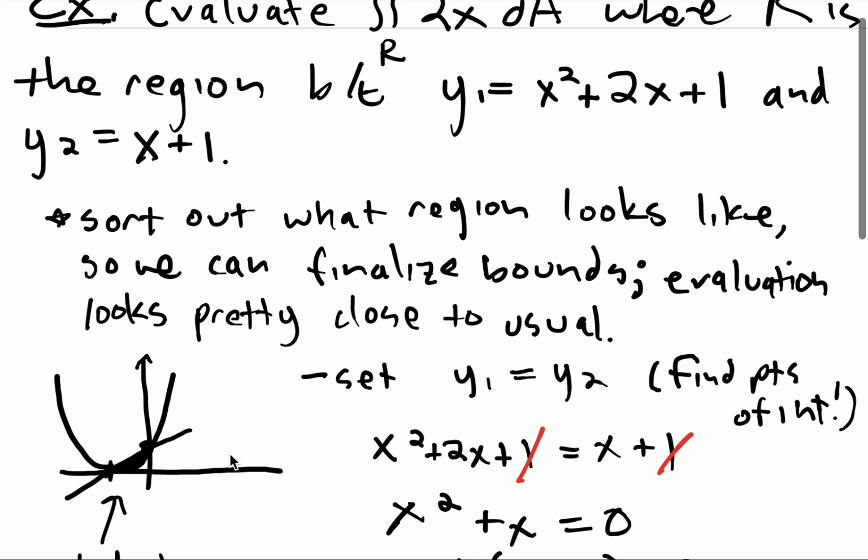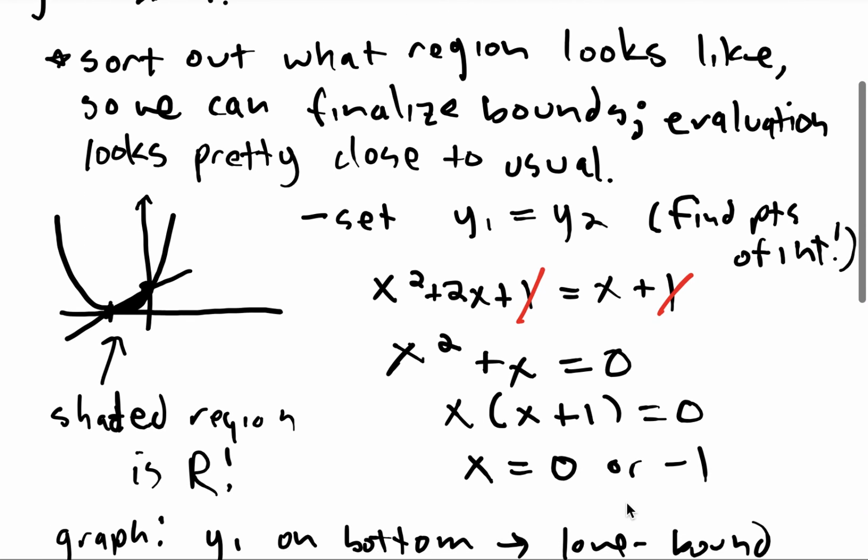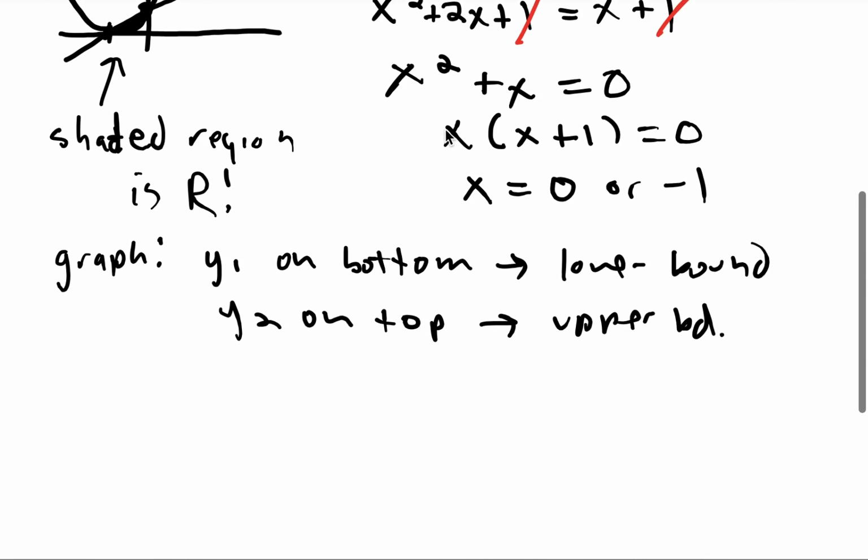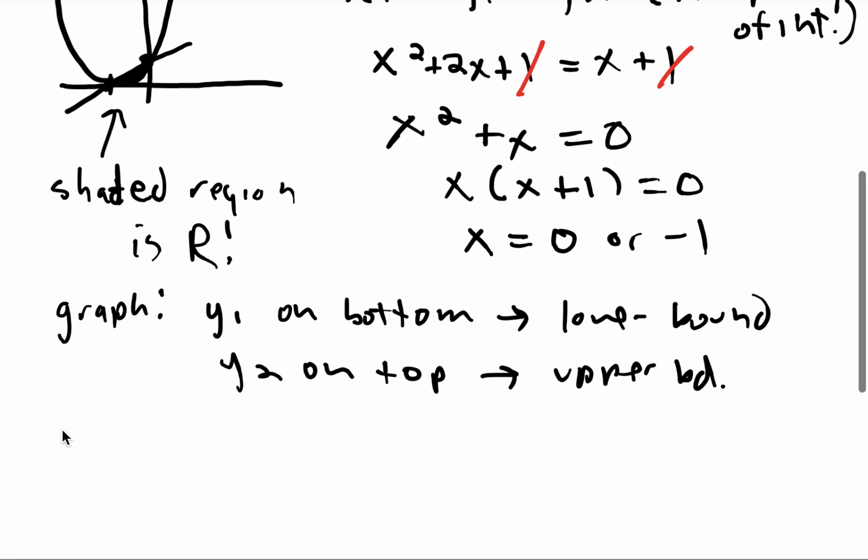Now with that said, we have a feel for which functions are larger and smaller and which of our numerical bounds on x are larger and smaller. We can set up this integral of 2x. Numerical bounds go on the outside: we have minus 1 to 0.